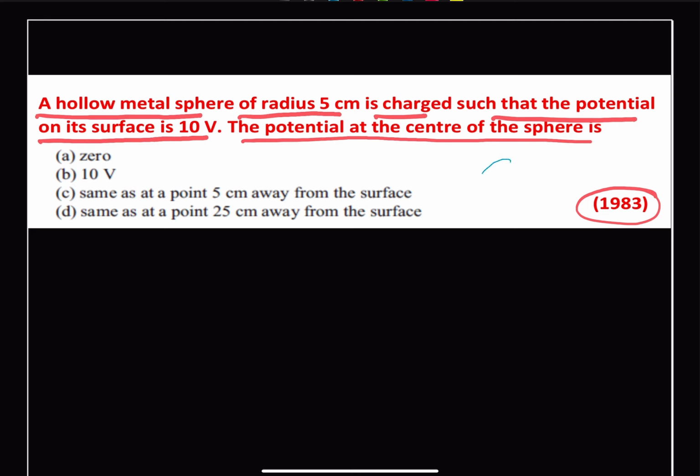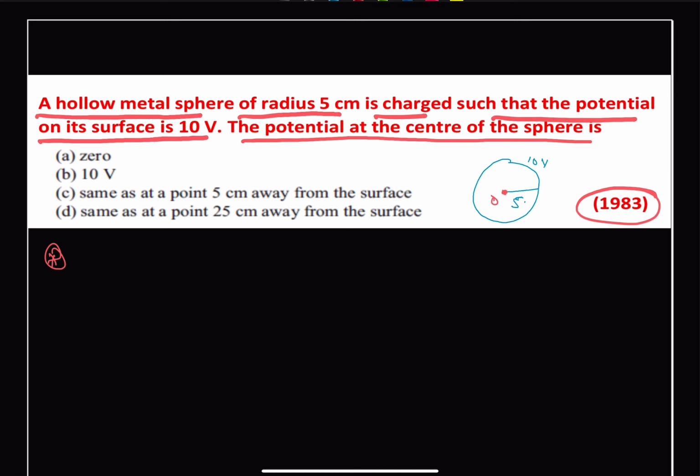So this is our hollow metal sphere, and the radius is given as 5 cm, and the potential on the surface is given as 10 volt, and we need to find out the potential at the center, which, let us suppose, is O. And we know that the electric potential inside a hollow metal sphere is constant, and it will be equal to the potential at the surface. So this is basically the theoretical part.